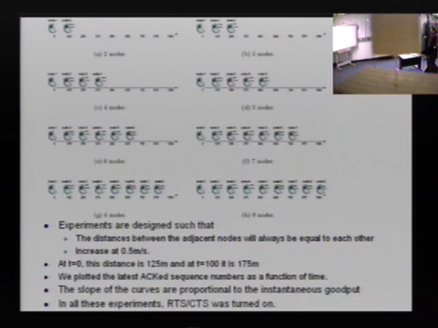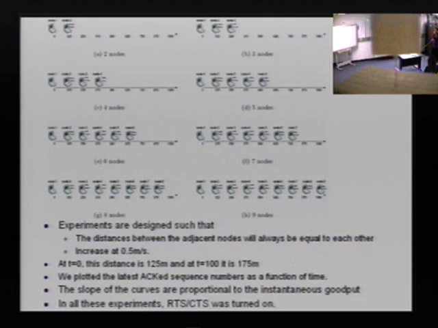The same thing holds for, for example, in this one, node 2 moves with 0.5, node 3 moves with 1, 1.5, 2, 2.5, 3, 3.5, and 4 meters per second.